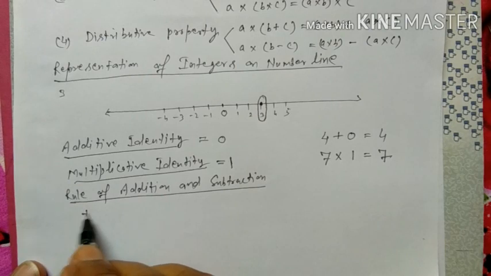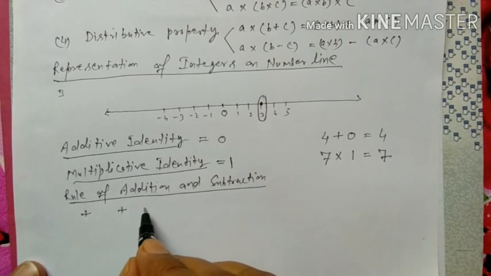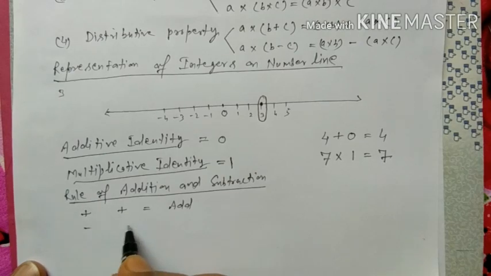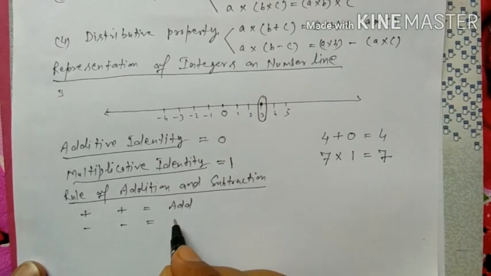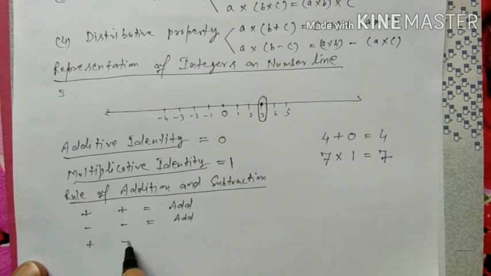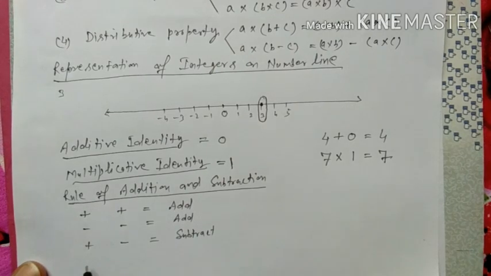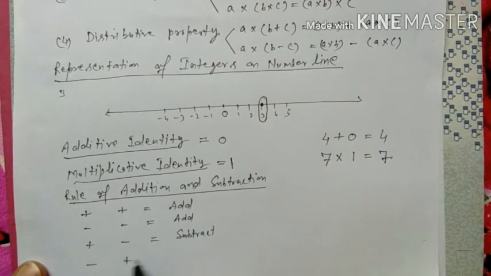Suppose one number is positive and the second is positive, then we will add. If both numbers are negative, then again we will add. If one is positive and the second negative, then subtract. And if the first is negative and the second is positive, then also subtract.